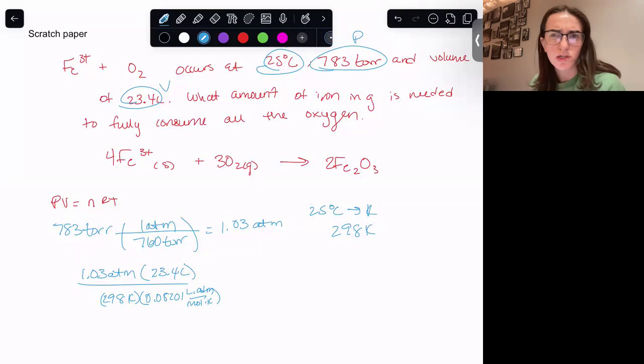Yes, usually finding the number of moles of the substance really is your first step. You can't really do a lot of chemistry unless you're in moles. So if you don't have moles, you should usually find a way to get to moles.